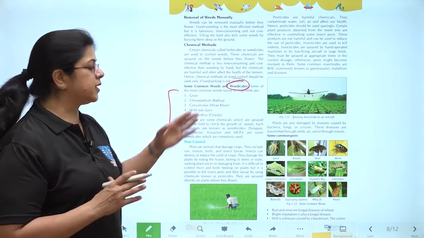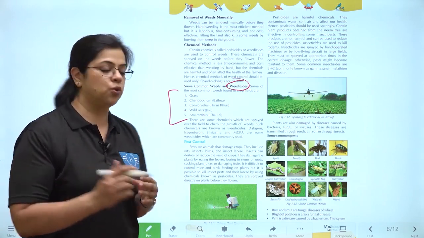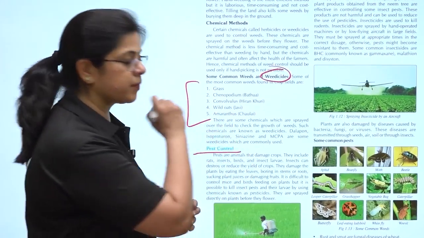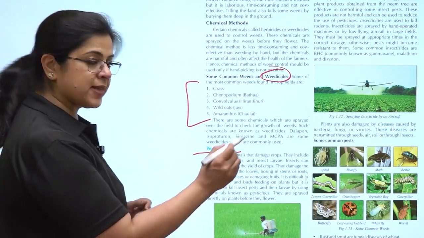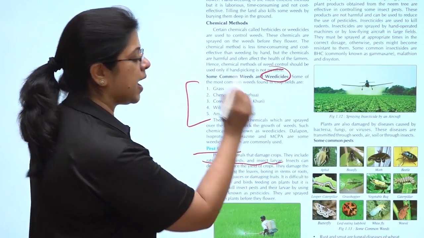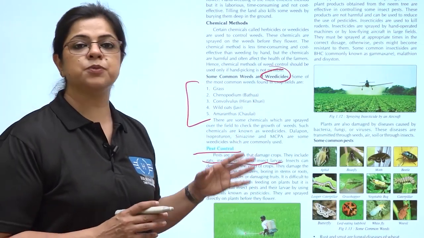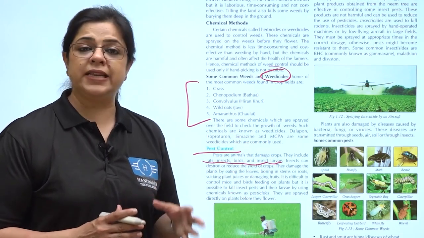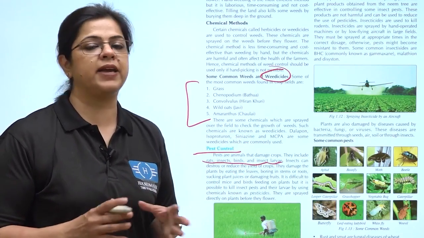Now, other than weeds, there are certain other tiny little animals which are known as pests, which also harm the field. A few examples of pests that we can read here are rats, insects, birds and larvae. Now these damage the plant by eating through the fruit, the leaves or boring into the soil and making the roots very unhealthy.